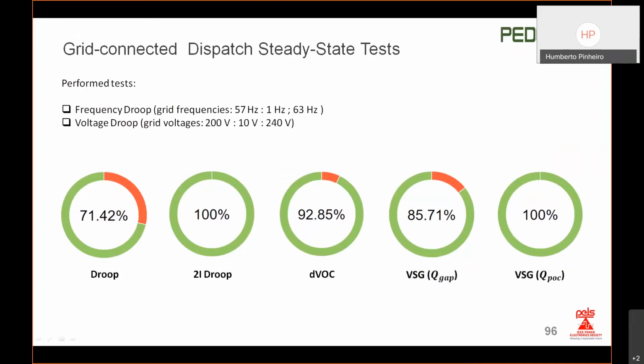The droop itself is the one where we had already predicted these results in the small signal steady state analysis, that we had this problem with the droop. And then the dispatchable virtual oscillator got a good result also, and in between is the virtual synchronous machine with the reactive power computed at the gap.